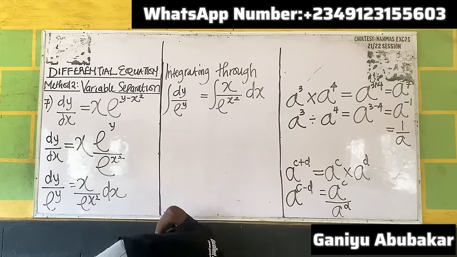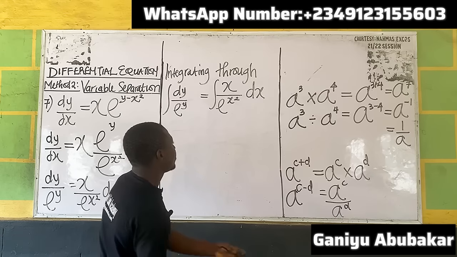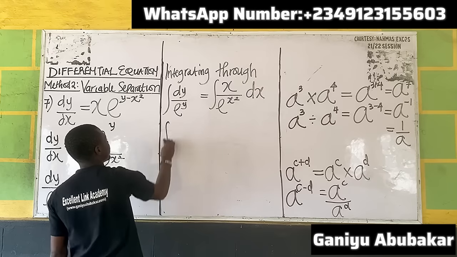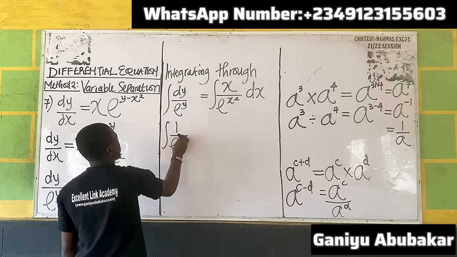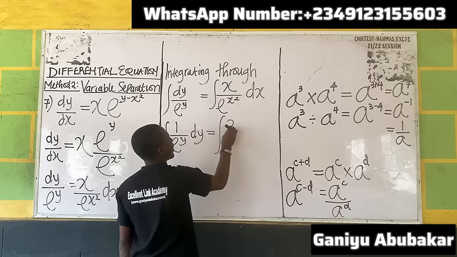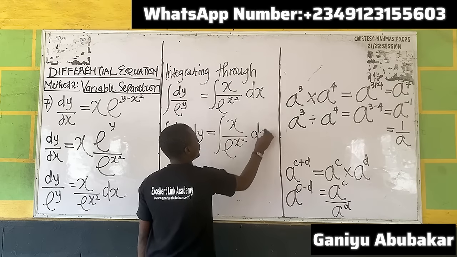My next priority is to integrate. So shift out the y. That gives you the integral of 1 over exponential y dy is equal to the integral of x all over exponential x squared dx.